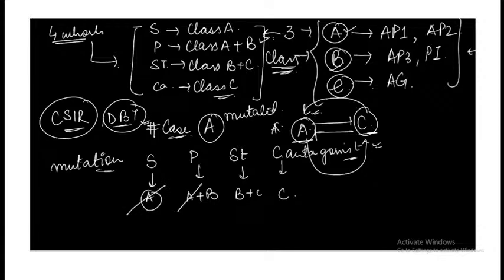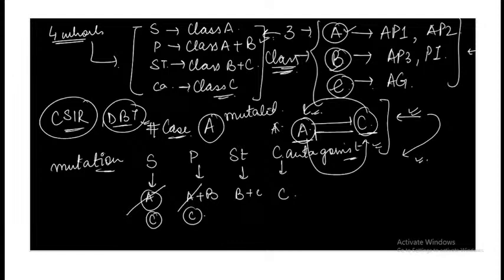A got mutated, so A would not be working. But we know one more scenario, that A and C are antagonists to each other. So apply this to the case that we have taken up. Now what will happen? In place of A, C would be working, right? Now just check what would be the scenario.